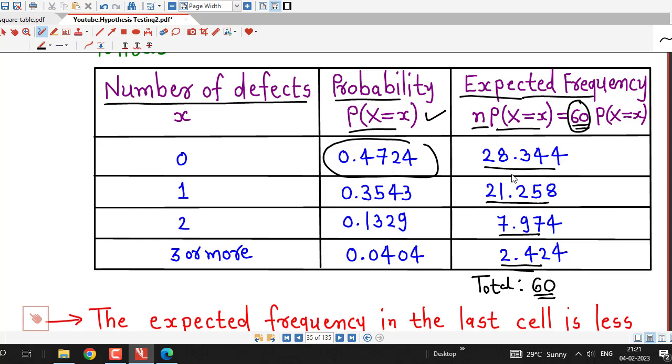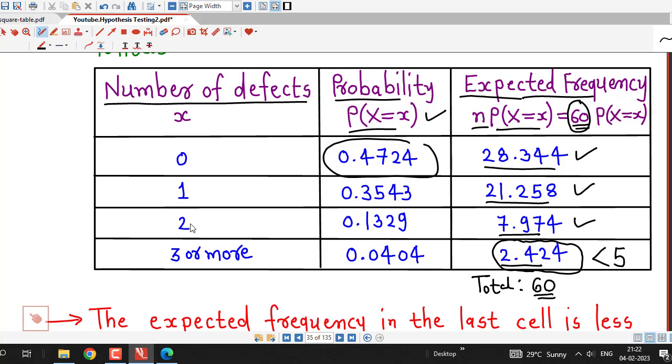Now I will check whether all the expected frequencies are at least 5. Then here I find that in the last cell, or last category, the expected frequency is less than 5. So I cannot apply the chi-square goodness of fit test.